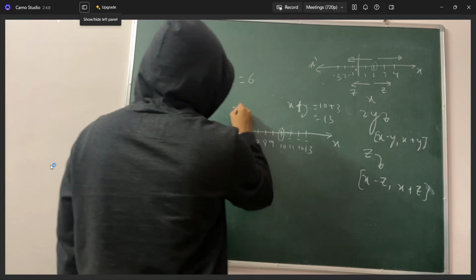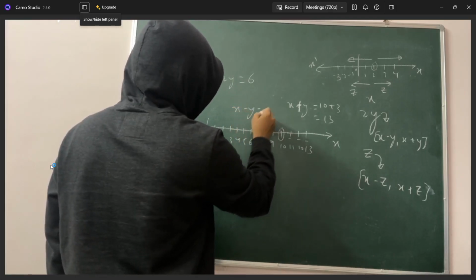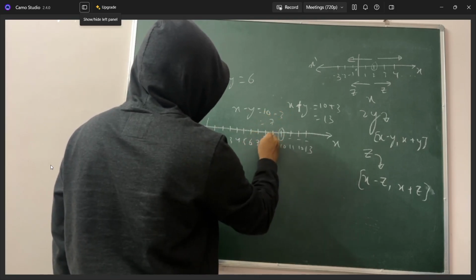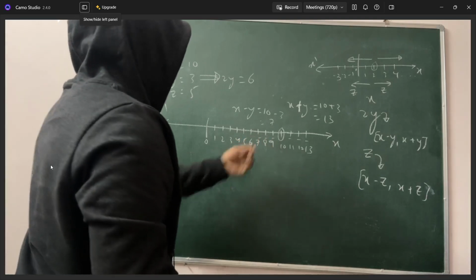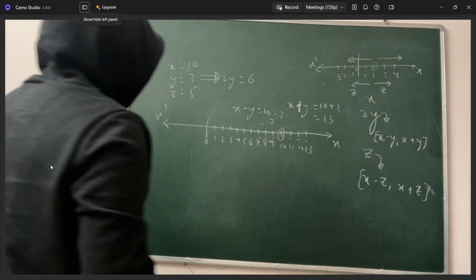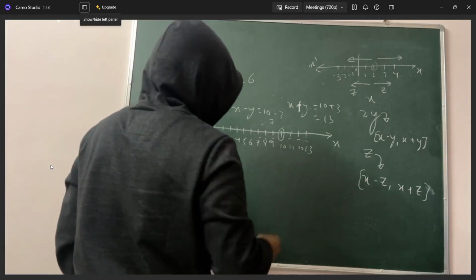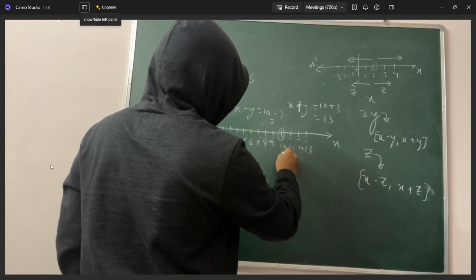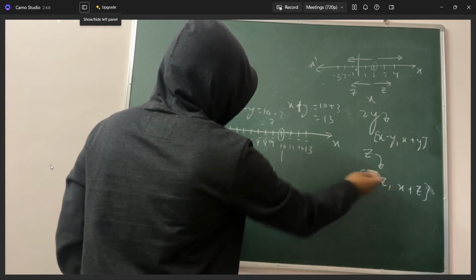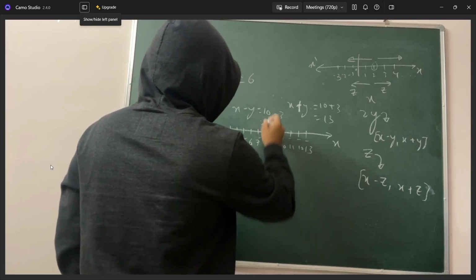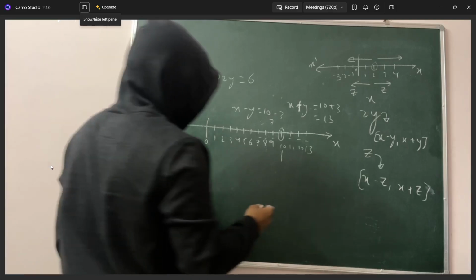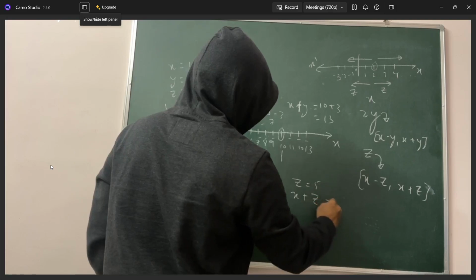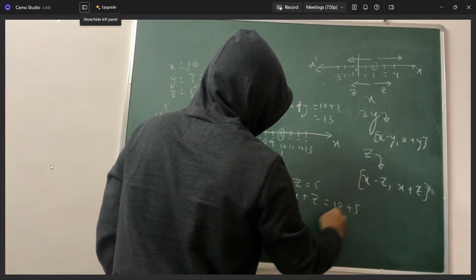In the same way, X minus Y on the left-hand side will have his friends' houses. 10 minus 3 is going to be 7. Till 7 his friends' houses are there. So these 3 friends' houses are there. Now Chef's mom has said that from this position he can move till Z distance. Z distance in the sense he can move till X plus Z. Since Z is 5, he can move X plus Z distance, which is 10 plus 5, which is 15.